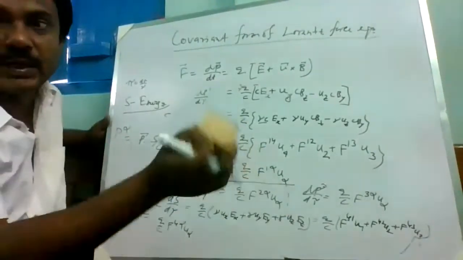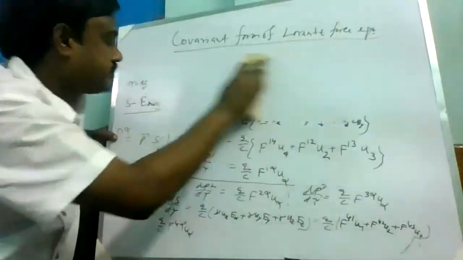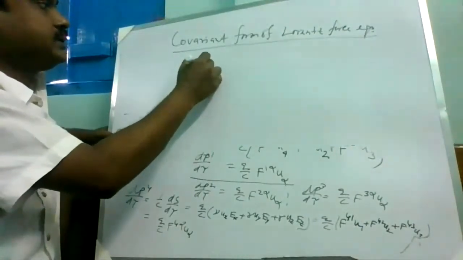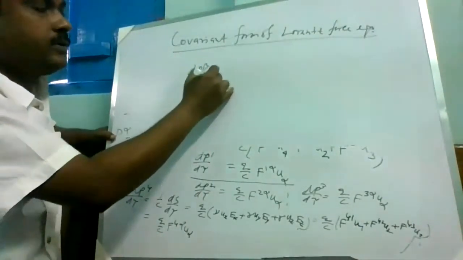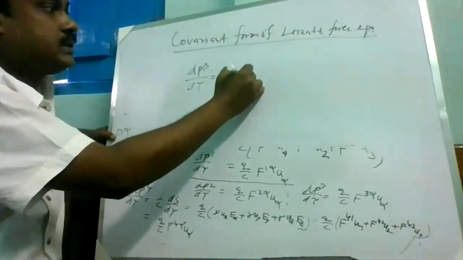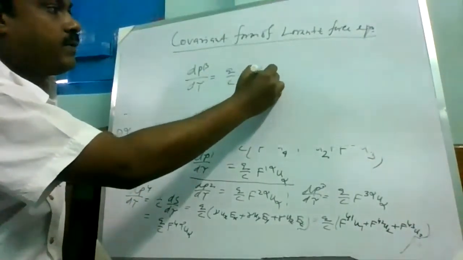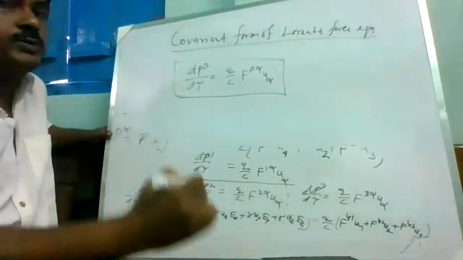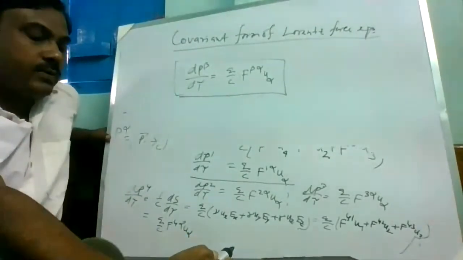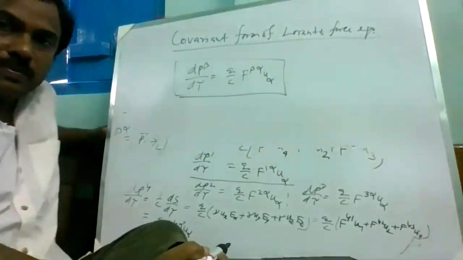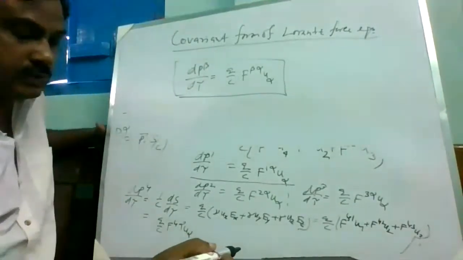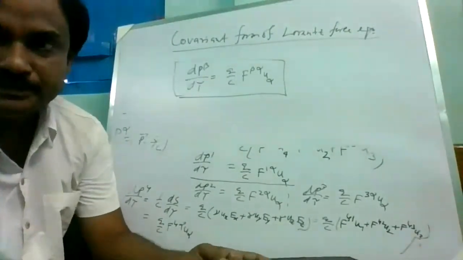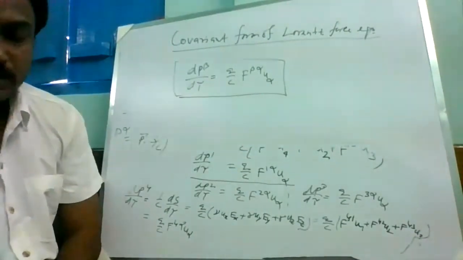So now we can write these equations in this form: dp beta d tau equals q by c f beta alpha u alpha. We can write this equation. So basically this is the force equation, the Lorentz force equation in covariant form, right?